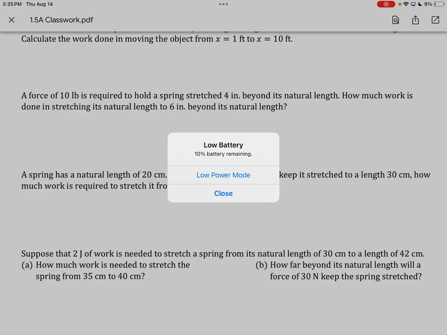If you were to be like new... Oh, okay. The left is not.